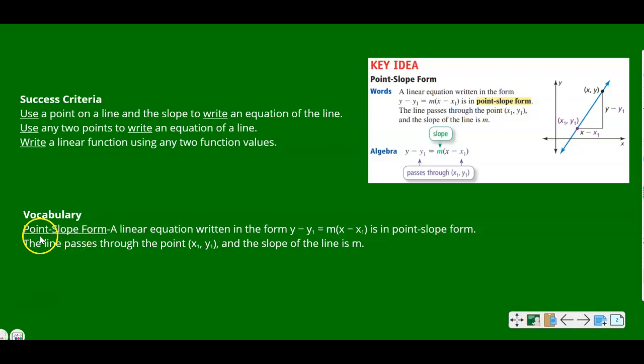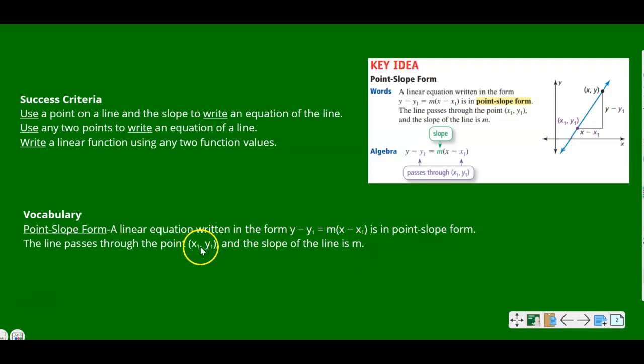All right, vocabulary. Point-slope form, a linear equation written in the form y minus y subscript 1 equals m times x minus x subscript 1 is the point-slope form. The line passes through the point x and y subscript 1, and the slope of the line is m.